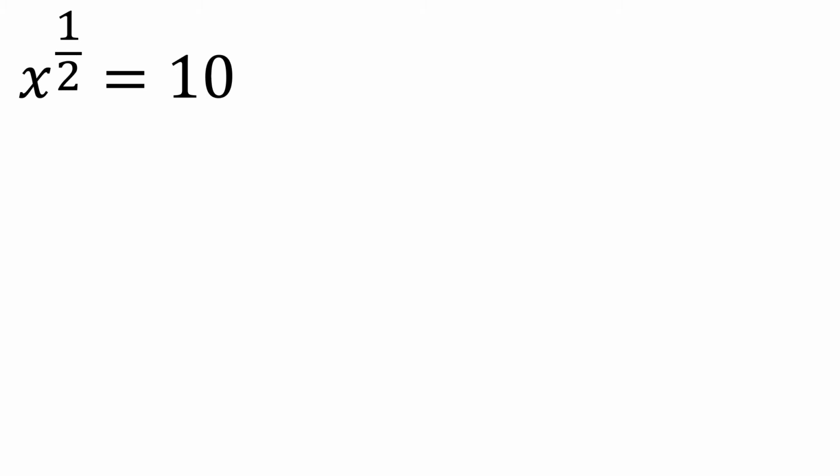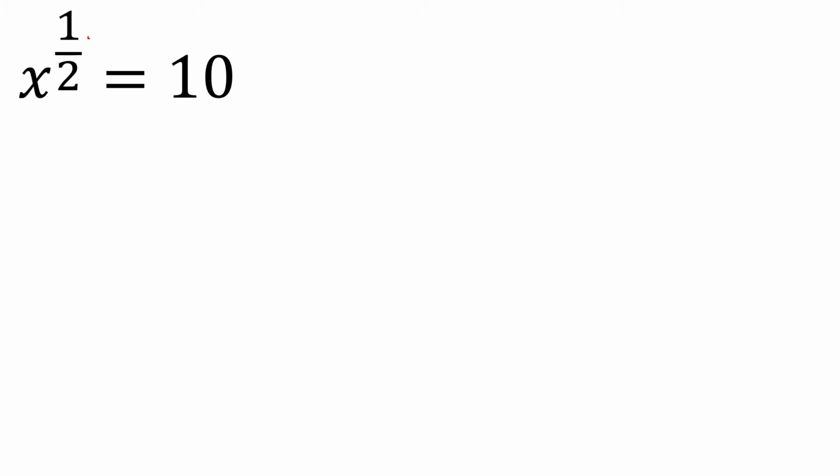So let's work through some examples. We're going to be using the 9 rules that we've previously discussed to attempt to answer this question. We've been given the equation x to the power of a half equals 10. So let's think back to our rules.